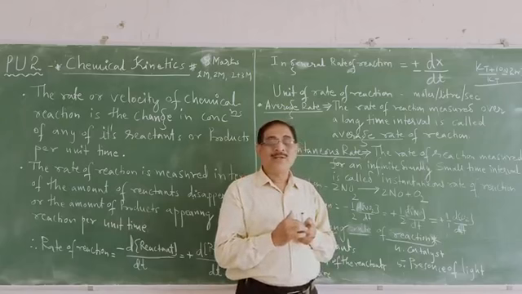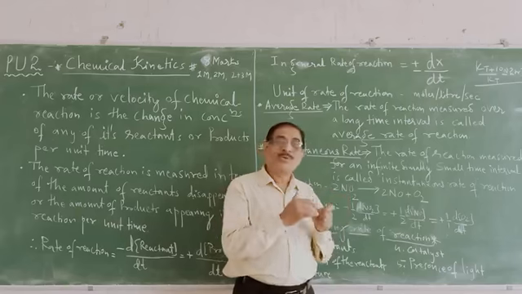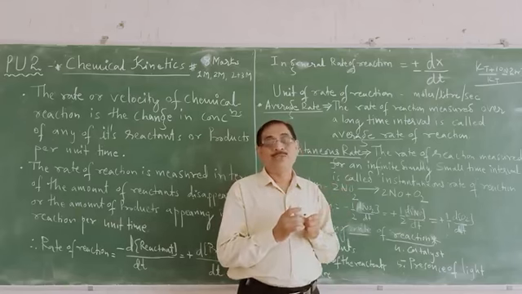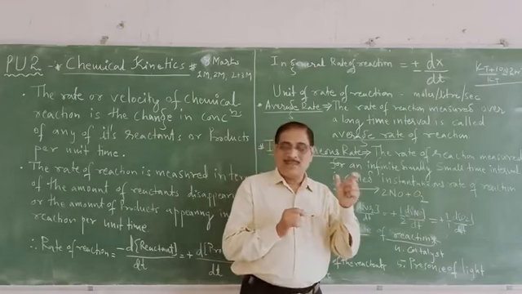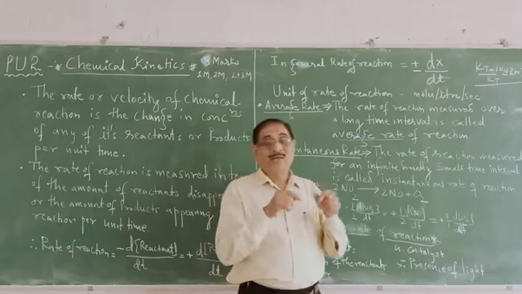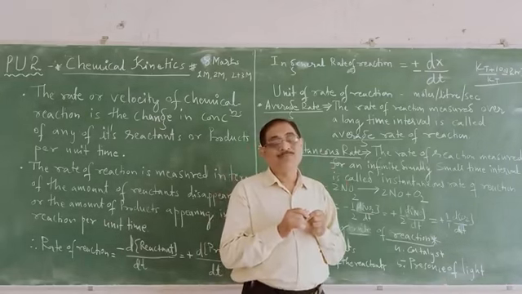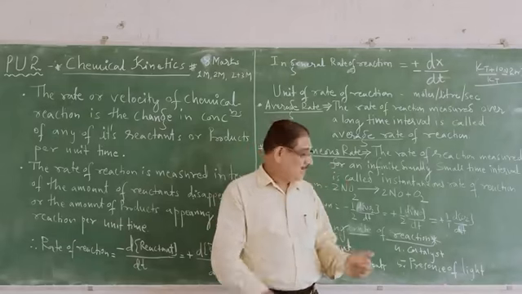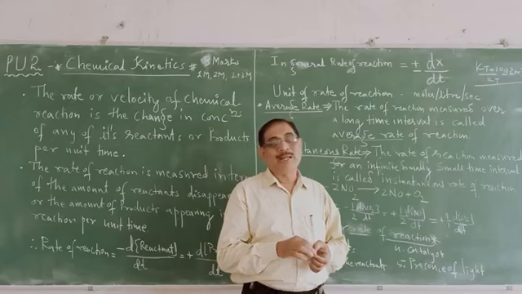Therefore, light does not go through the brown glass and the chemical composition does not change. That's why liquid syrups are kept in brown bottles. So it shows that light also affects the rate of chemical reaction.